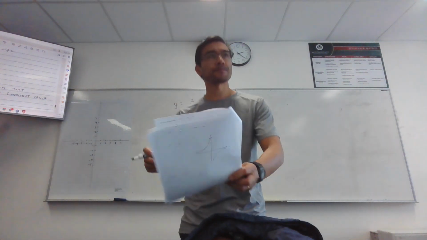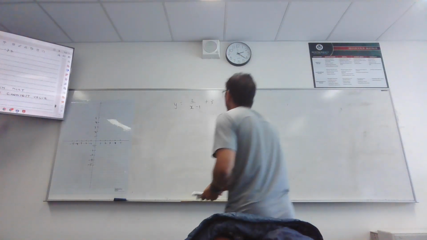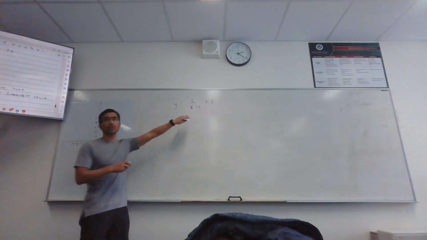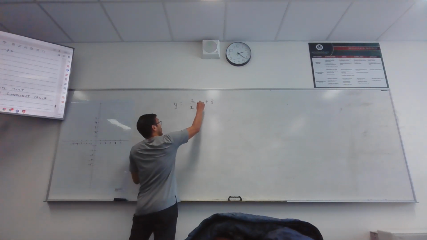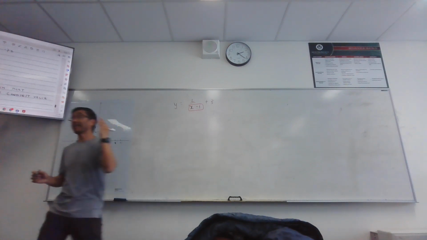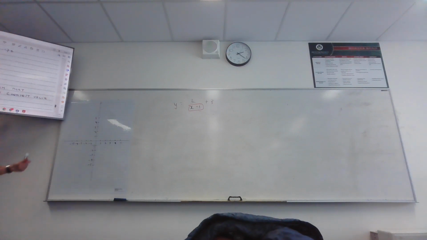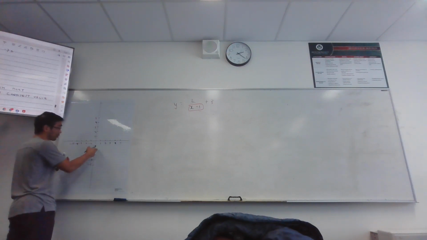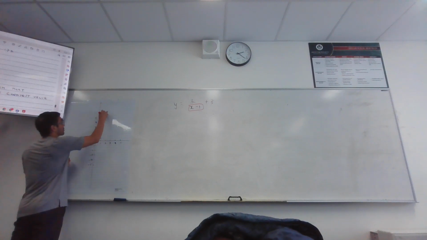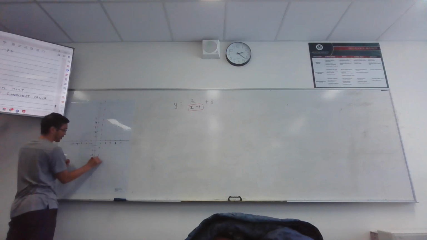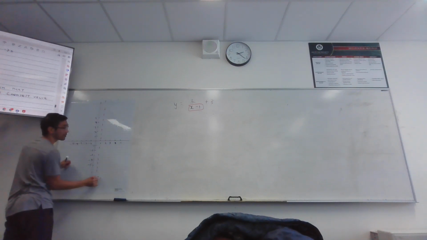Listen carefully. When you're doing hyperbolas, you are looking for the asymptotes. What can't x be? 1. So we look for x equals 1, and automatically you put your asymptote x equals 1.